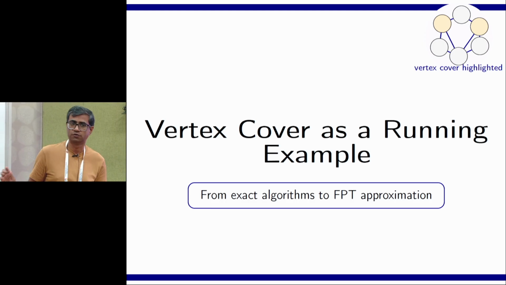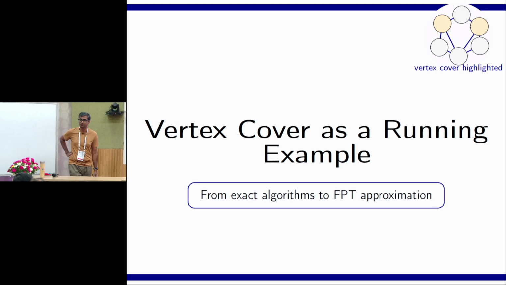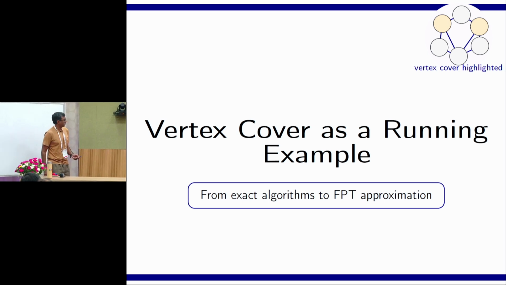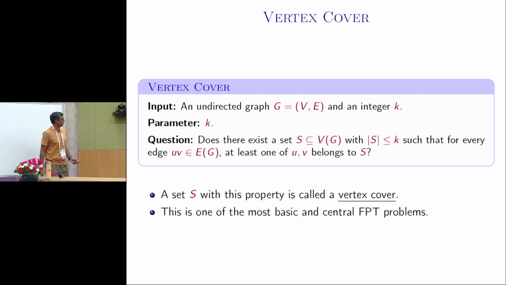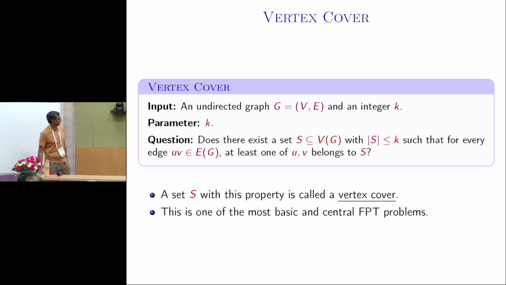And with this, let me tell you what problem I'm going to talk about. Throughout the talk, I'm just going to talk about this problem and design some algorithms for it, giving you a different set of things throughout. The best way to explain anything, at least in parameterized algorithms, or for that matter even in approximation algorithms, is to give the vertex cover example. So what is vertex cover?